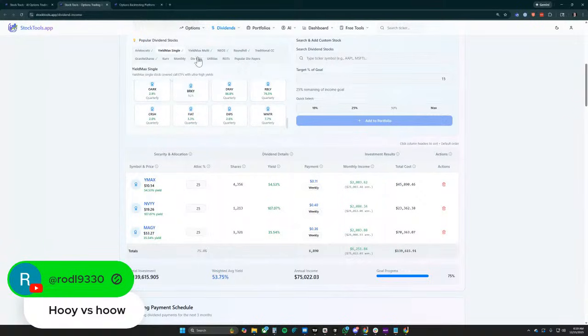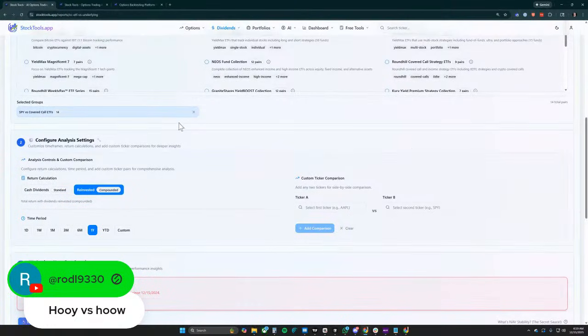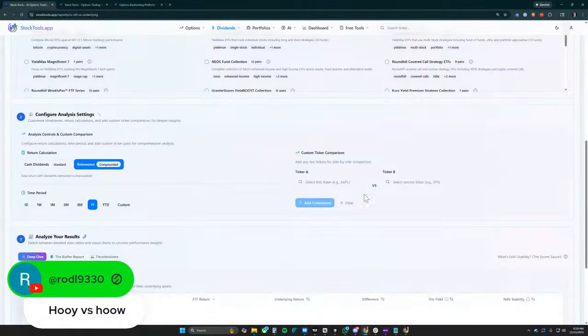Making weird noises. Okay, we do have the example if you want to pull up HOOY versus HOOW. Sure thing. It's the other guy's mic. Is your mic close to something? Something's rattling. Rattling? Oh, interesting.